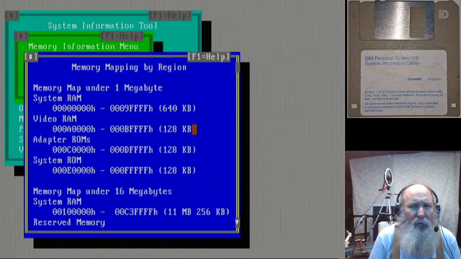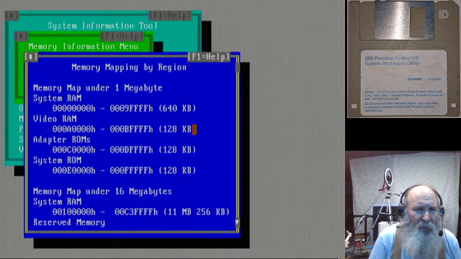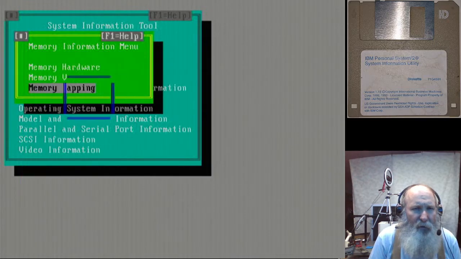It's just, I guess, an aperture window of 128 KB, and I don't know what it's viewing as the adapter ROM. I may have to look through that again, whether there's a class extension for the video maybe.